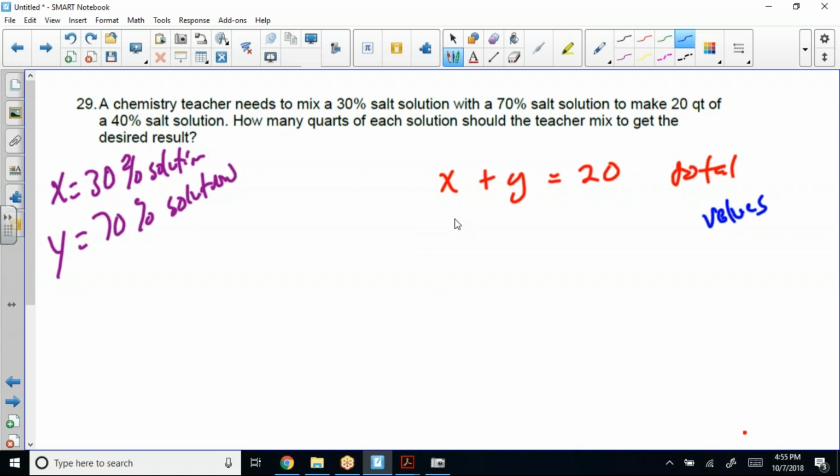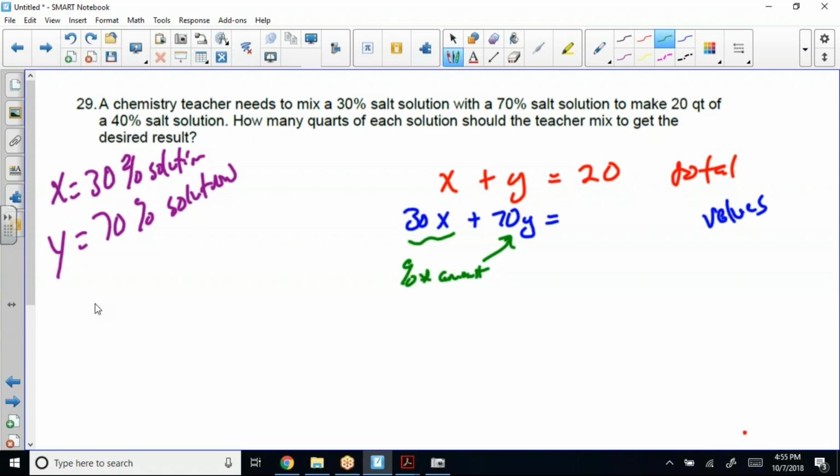I'm just going to keep it 30% times some x, plus 70y is equal to... if you're looking at this, it's percent times amount. That's what these are as well.